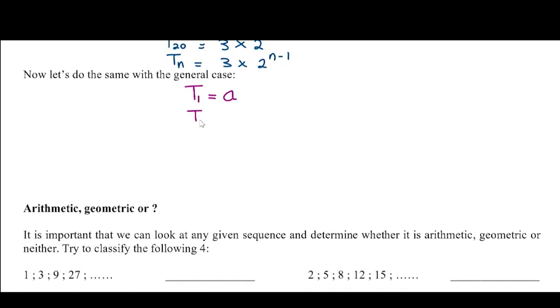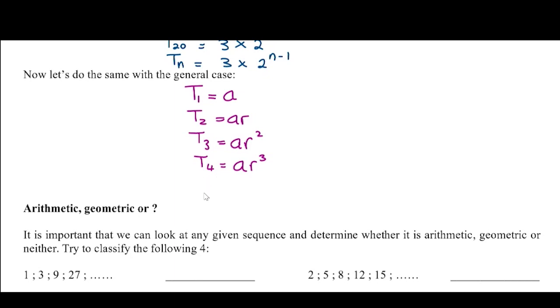Our second term will be a times r. Our third term will be a times r, or ar squared. Our fourth term will clearly be a times r times r times r, which is ar cubed, and so on.